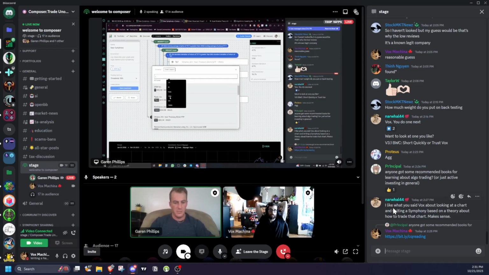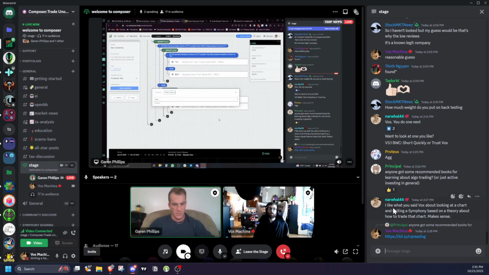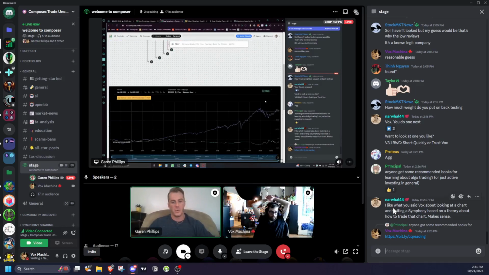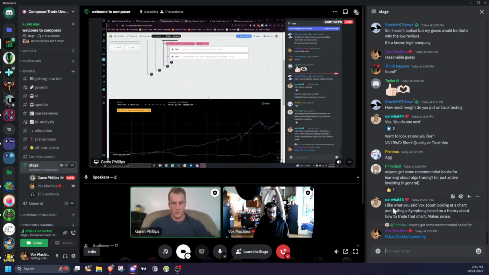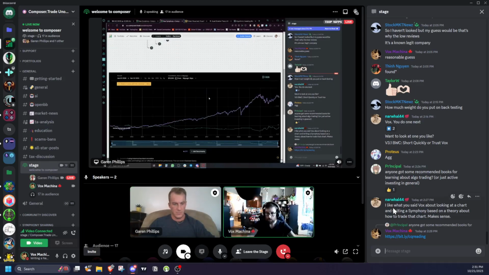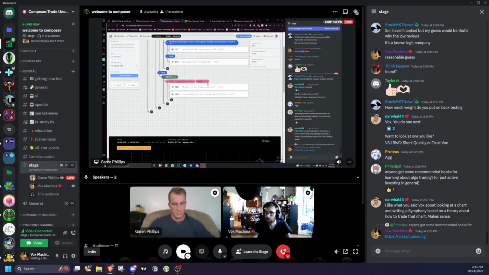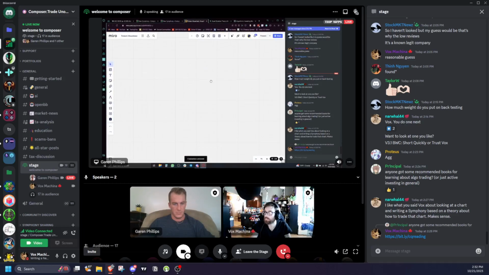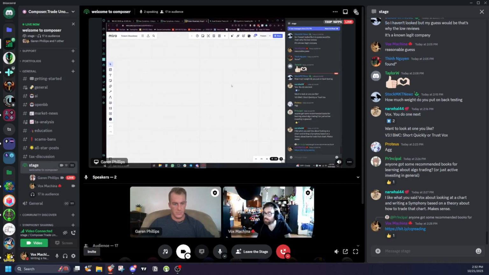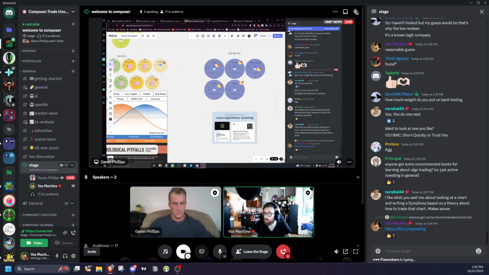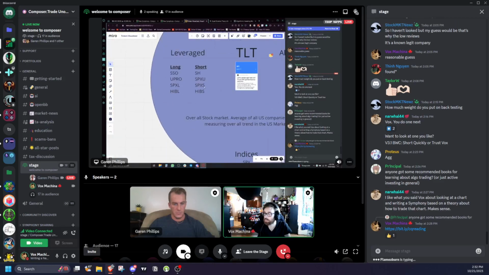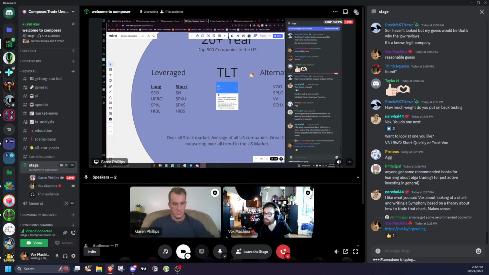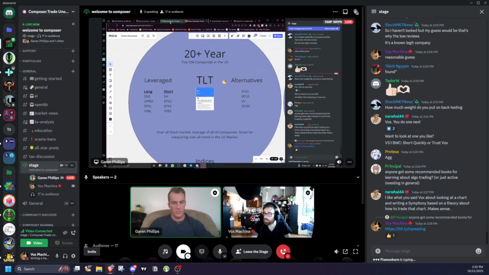And then is it TMV that's short there? Yeah. Is there 2x or 1x shorts on bonds? Yes. Attributes, I haven't filled that out yet.